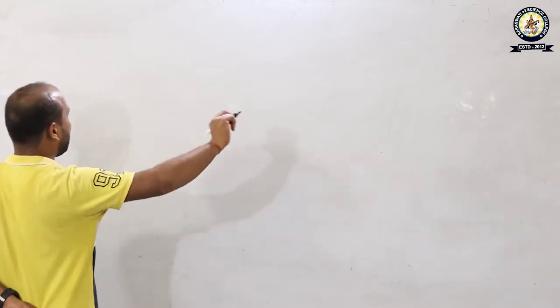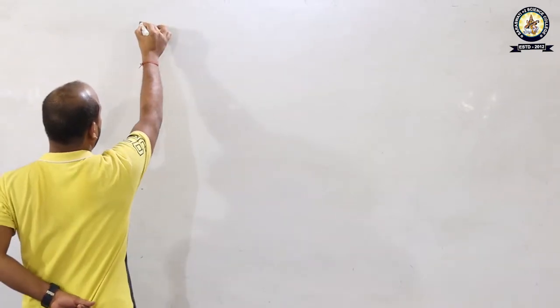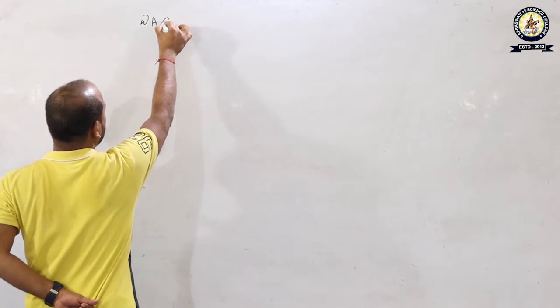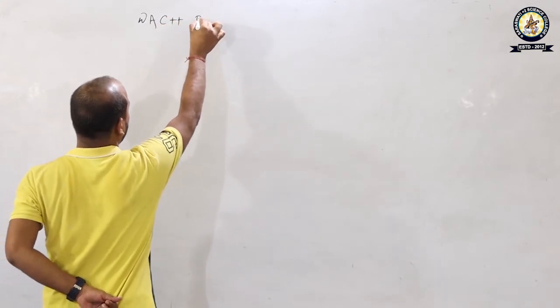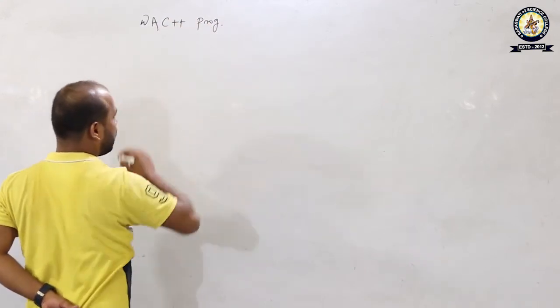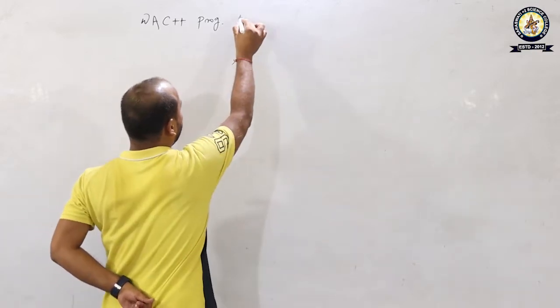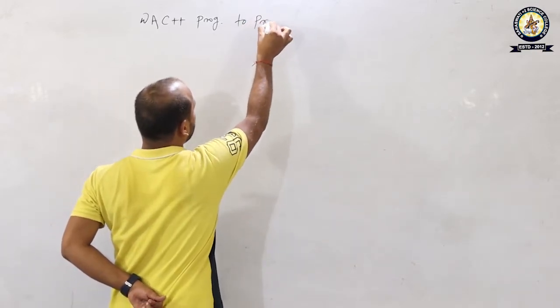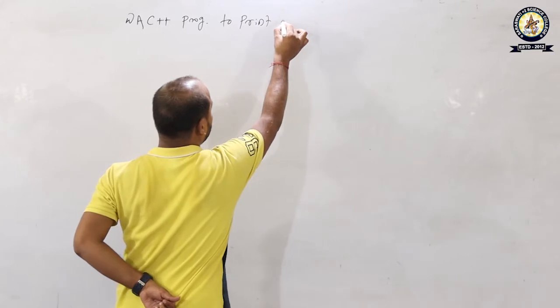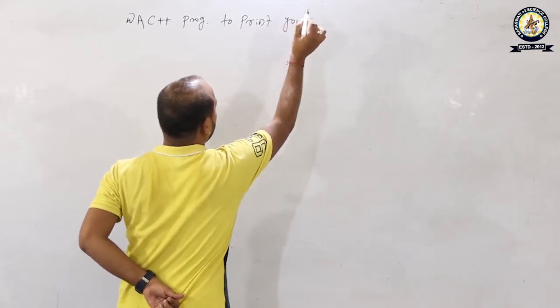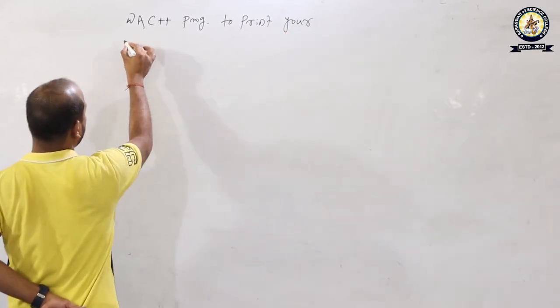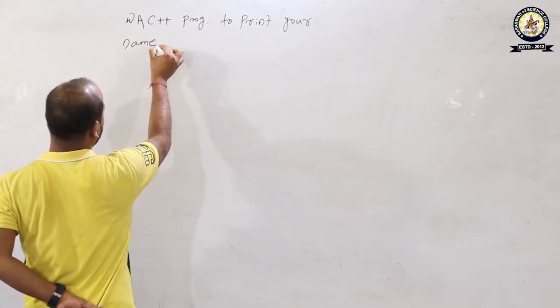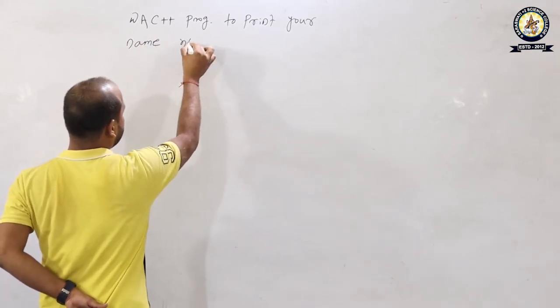So the question is: write a C++ program to print your name n times.